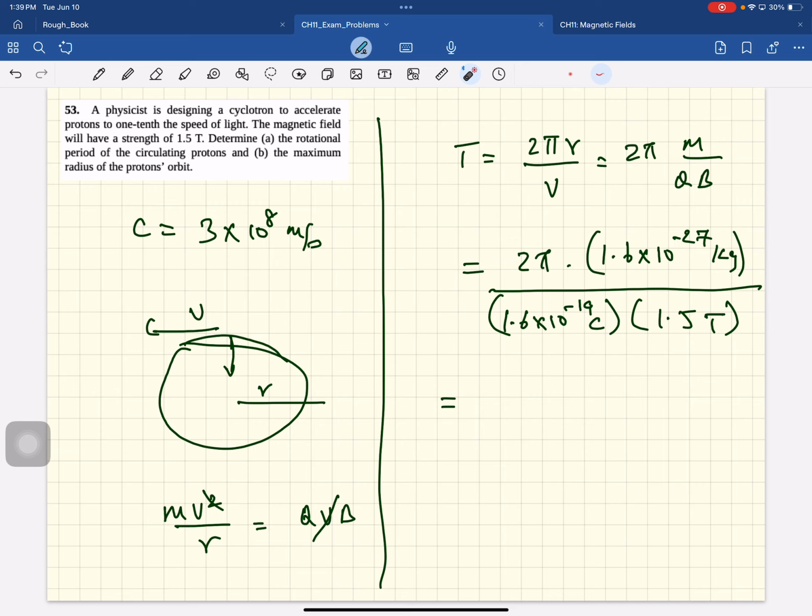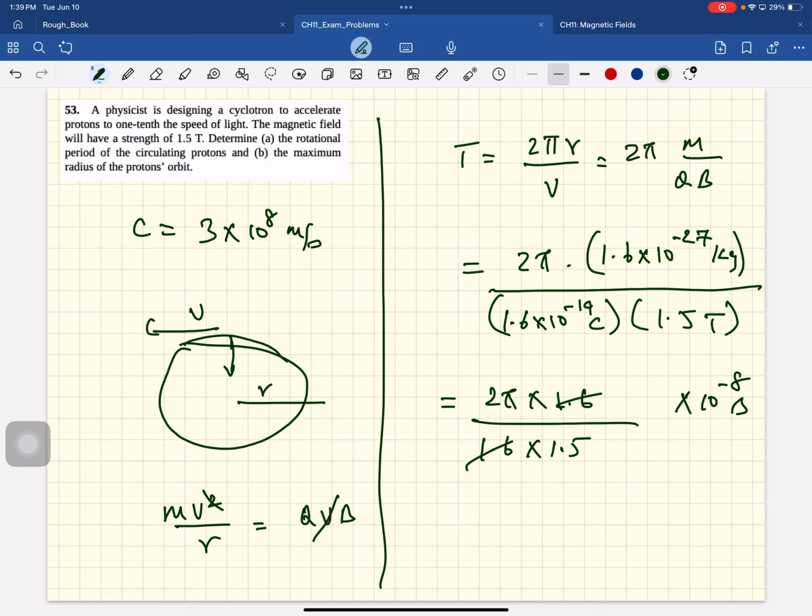Okay, let's take our powers of 10. This is 10 to the minus 8 seconds. 2 pi times 1.6. This could be 1.67, but I'm not sure. We won't worry about that.